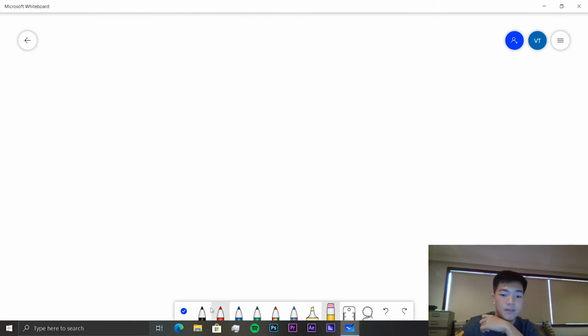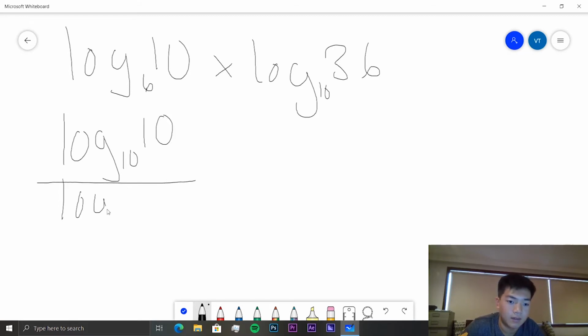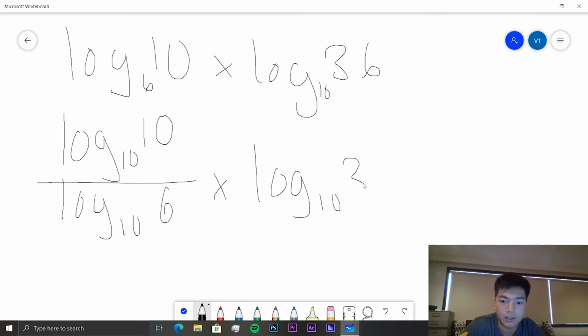Next, we need to evaluate the following. So we need to evaluate log base 6 of 10 times log 36, which is, of course, log base 10 of 36. So what we can do over here is convert this into a logarithm with base 10. And so we can do that by saying it's equivalent to log base 10 of 10 over log base 10 of 6 times log base 10 of 36.